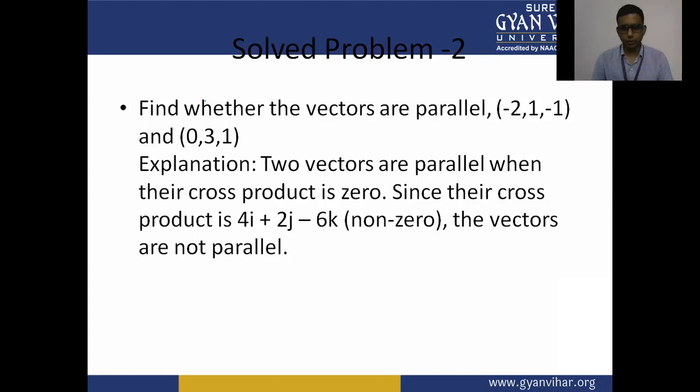So if we are going to find parallel vectors, we have to compute the cross product of the given vectors, and then we will easily find the parallelism of the vectors.